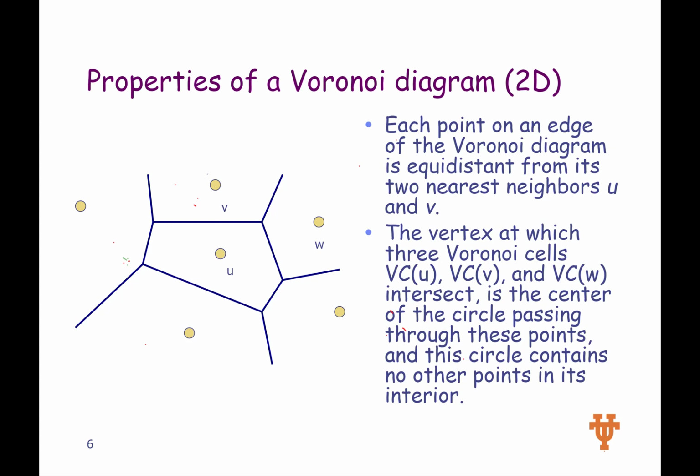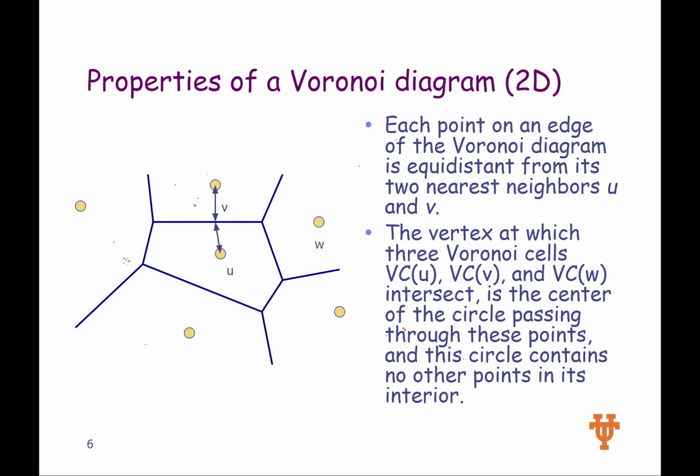So there is a property of a Voronoi diagram. For example, each point on an edge has equal distance from the two nearest neighbors U and V. Everyone on this edge has equal distance to U and V, right?